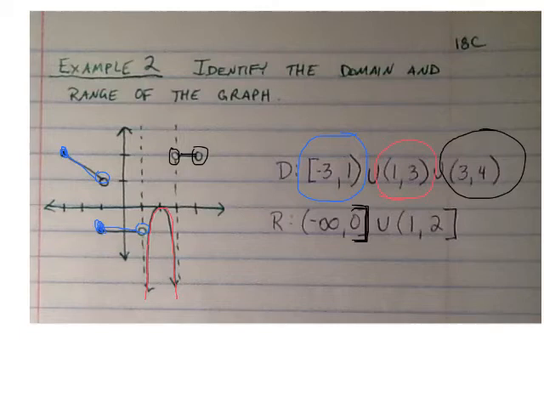And then we leap up, and the second piece exists from 1 all the way up to a height of 2. And similarly, we notice that there's a closed circle at that height, so we're going to have a hard bracket on 2. We want a soft parentheses on 1 because of our open circle there.